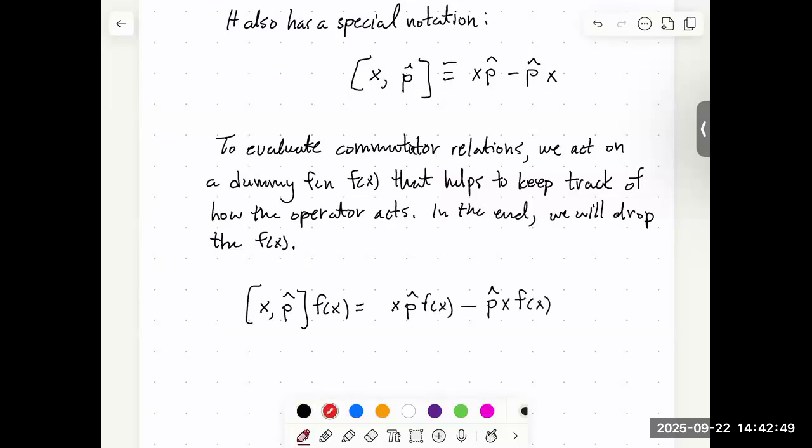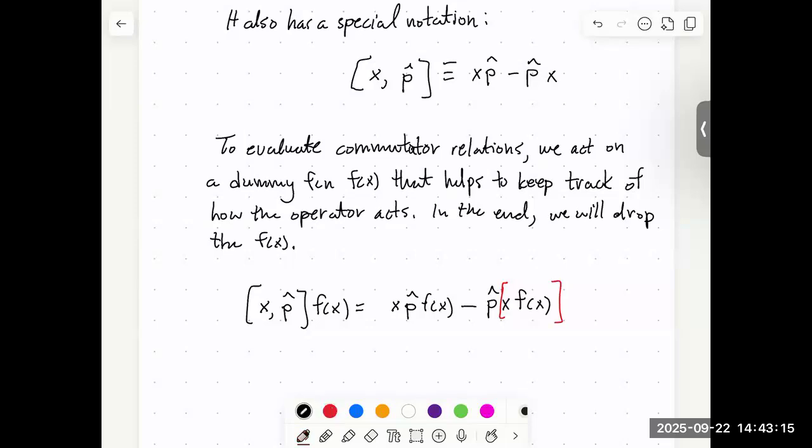So in fact, I want to highlight the fact that now this p hat is operating on two functions of x, and we have to use the product rule to do that. That's the reason why we act on a dummy function: it's just to see the fact that the product rule is going to be at play here.